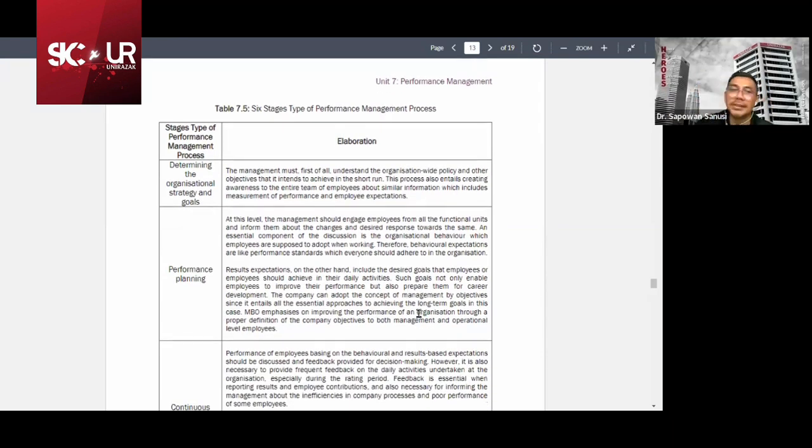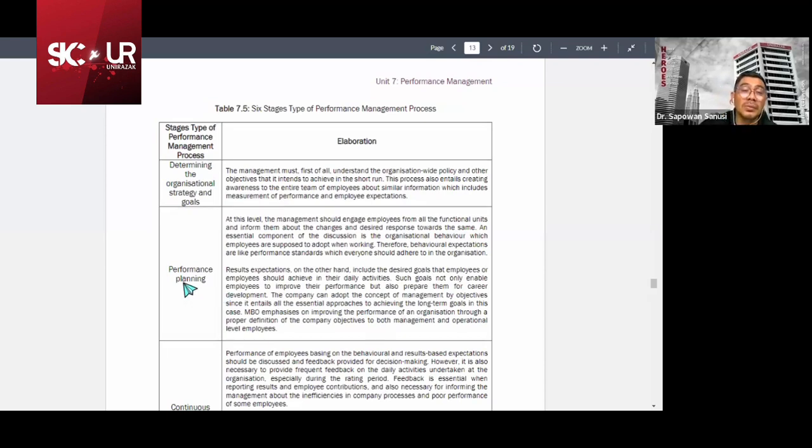Okay, guys. At this level, the management should engage employees from all the function units and inform them of the change and desired response toward the same. An essential component of the discussion is the organization behavior which the company is supposed to adopt when working.